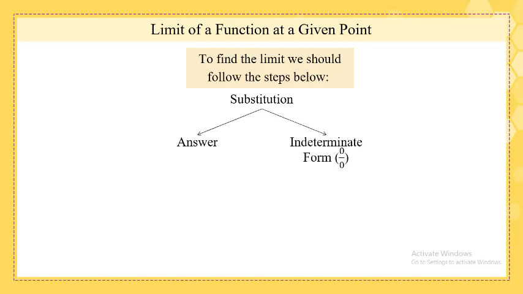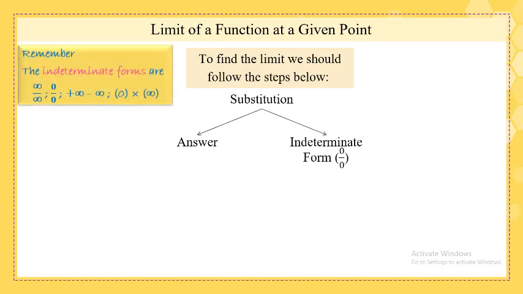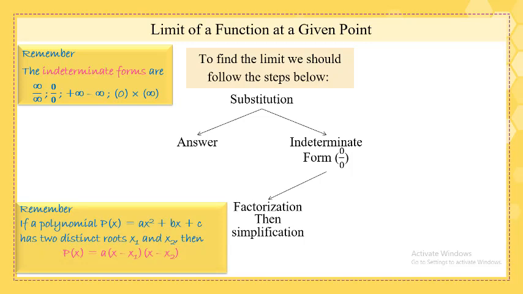If we get an indeterminate form, which are infinity over infinity, 0 over 0, plus infinity minus infinity, or 0 times infinity, we first use factorization, then simplification, or multiplying by the conjugate, then simplification.